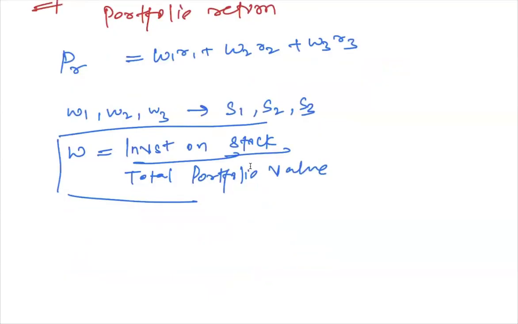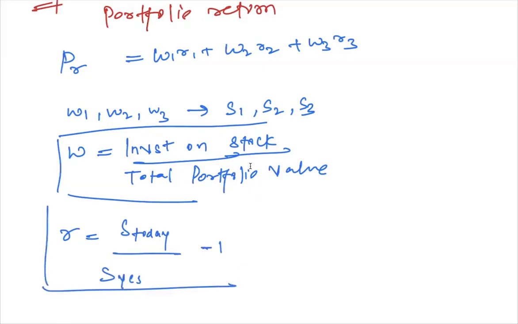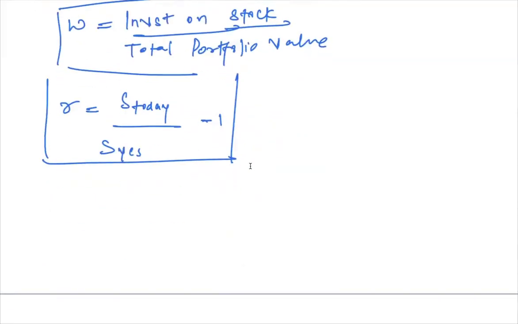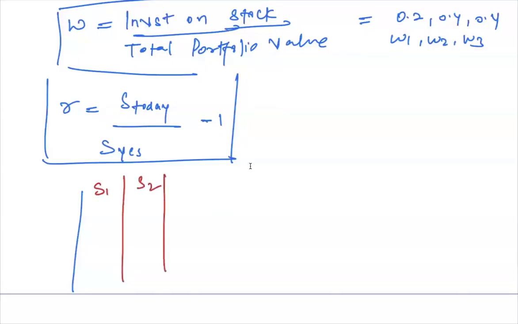And how will you calculate returns? Stock price today divided by stock price yesterday minus 1, right? So weights will anyway remain constant. Let's say 0.2, 0.4, 0.4. These are your weights, W1, W2, W3. Let's say you have stock 1, stock 2, stock 3 and some data points.